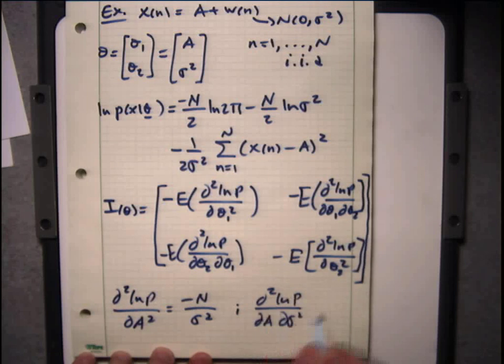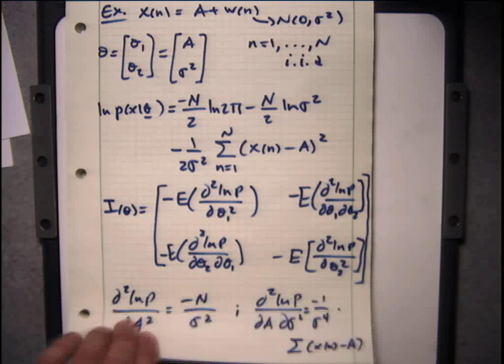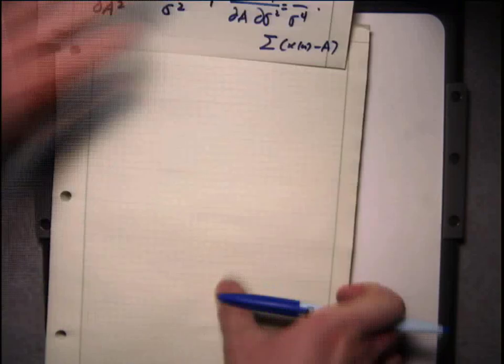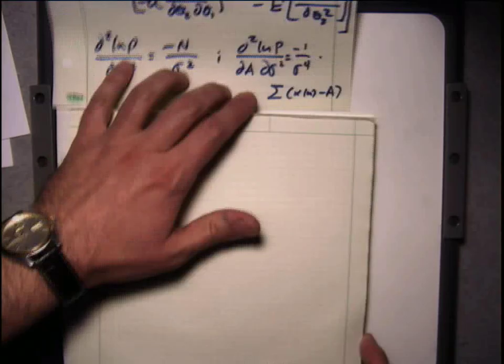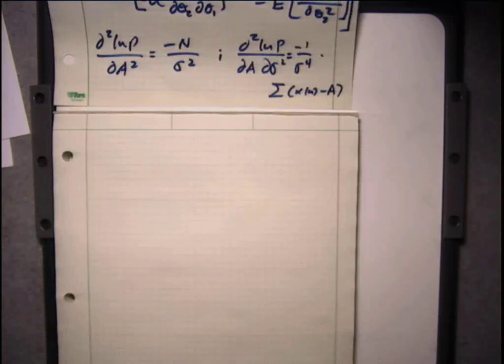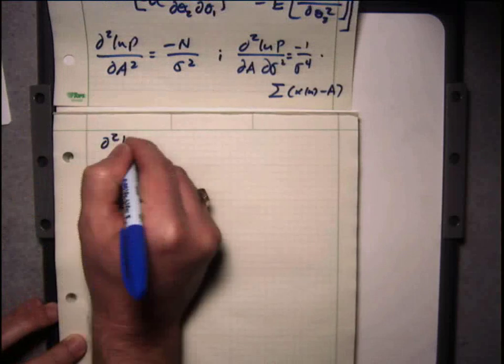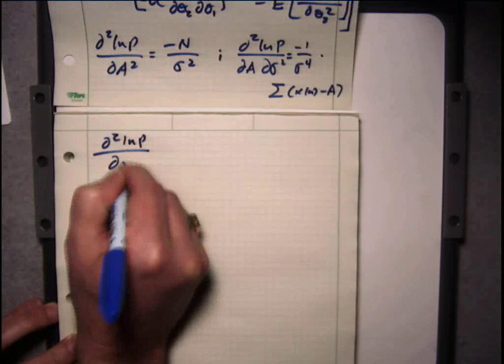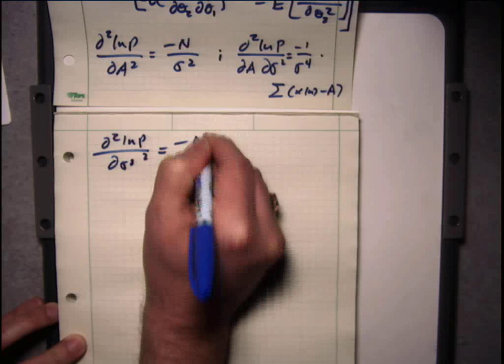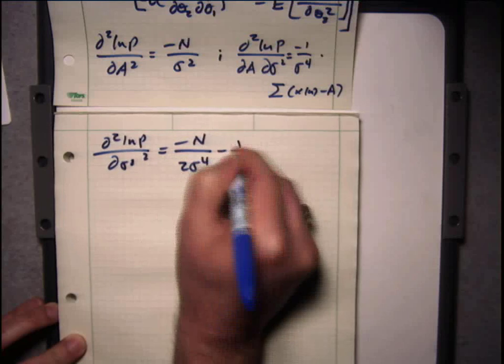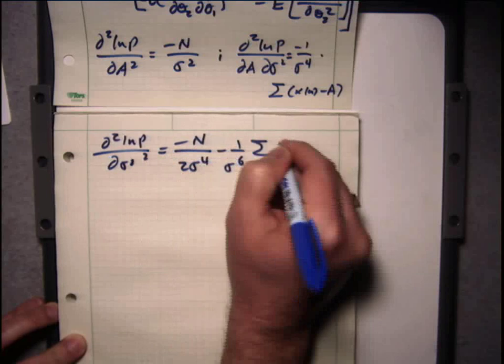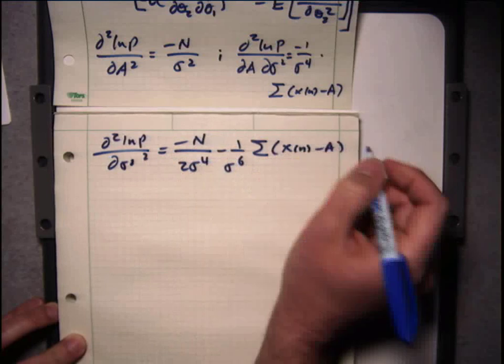For the derivative with respect to A and sigma squared, this is minus 1 over sigma to the 4th times the sum of x of n minus A. And for sigma squared twice, it is N over 2 sigma to the 4th minus 1 over sigma to the 6th times the sum of (x of n minus A) squared.